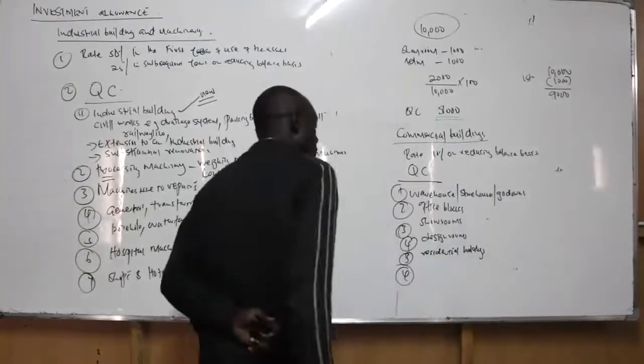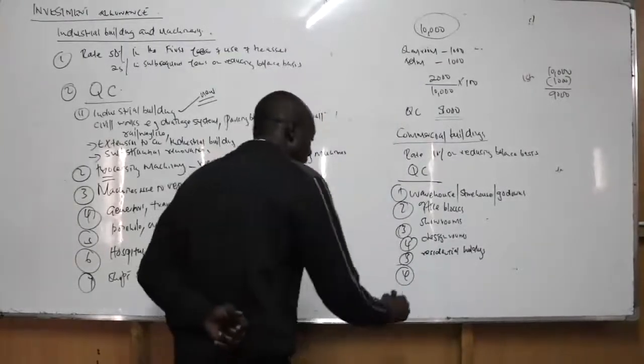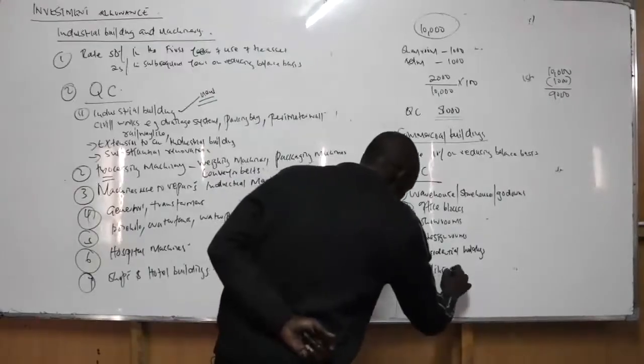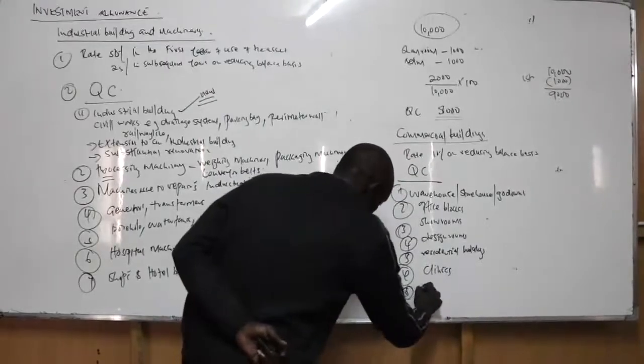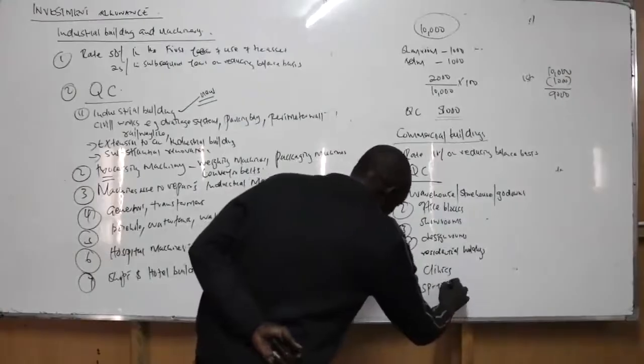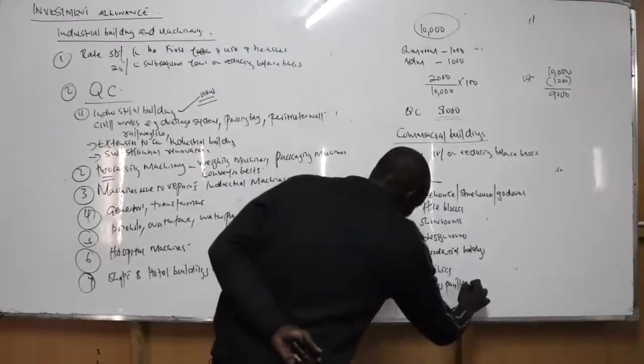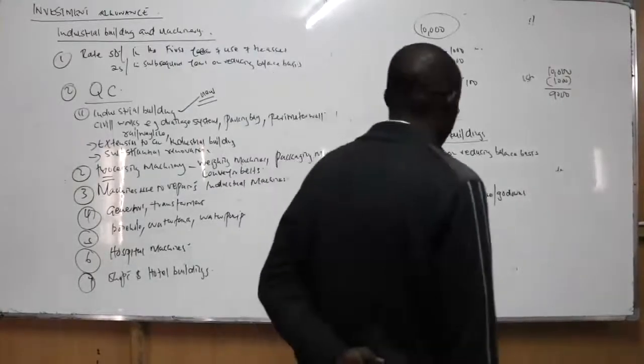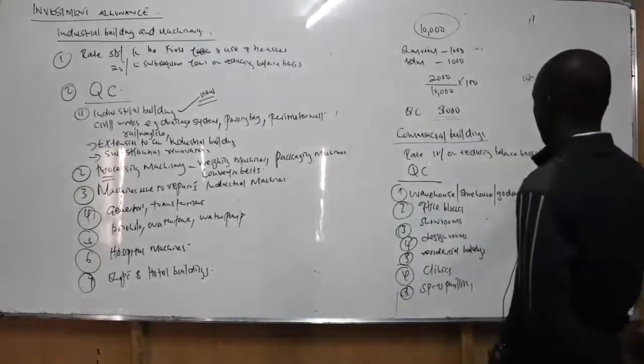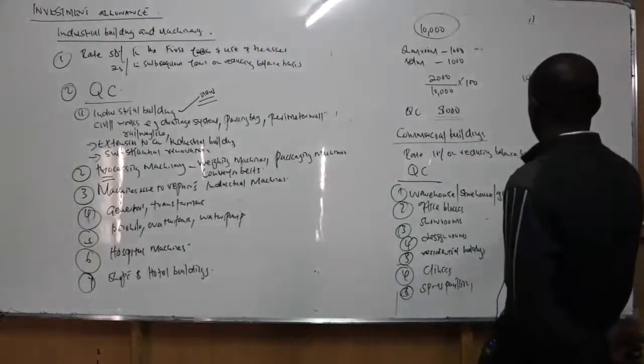Four, we have clinics. Five, we have sports pavilions. And then six, we have swimming pools.